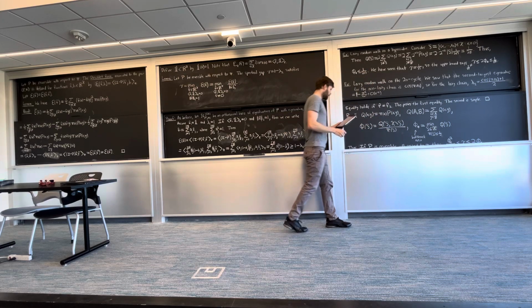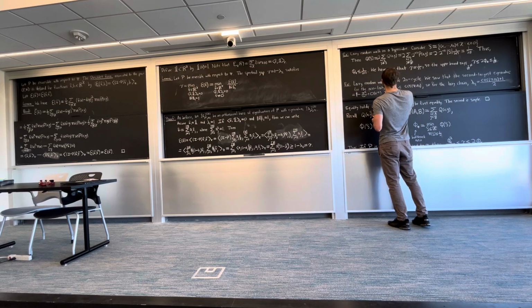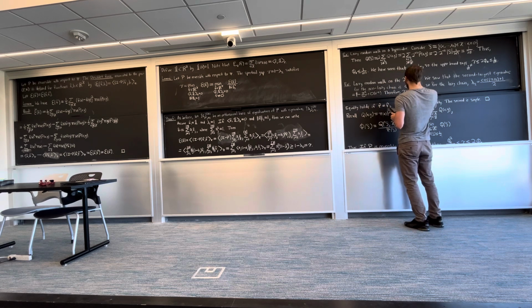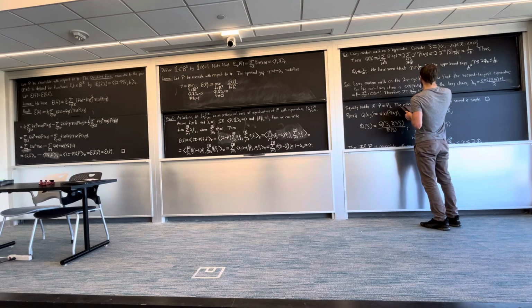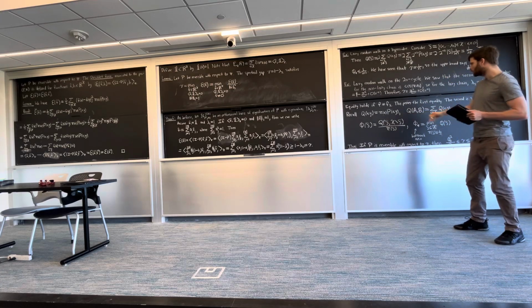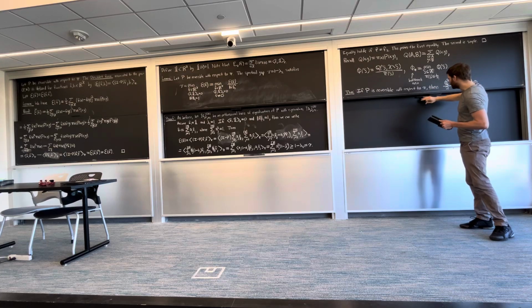Therefore, the spectral gap gamma is pi squared over 4n squared plus O of n to the minus 4. Okay, but now let's look at the bottleneck ratio.